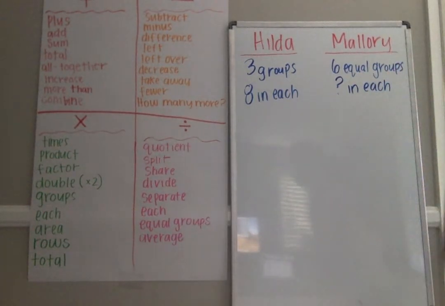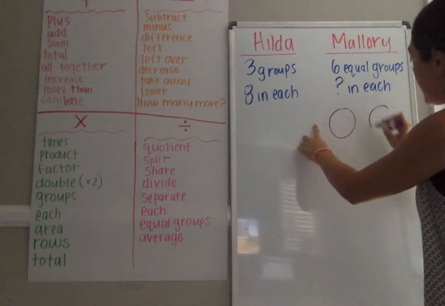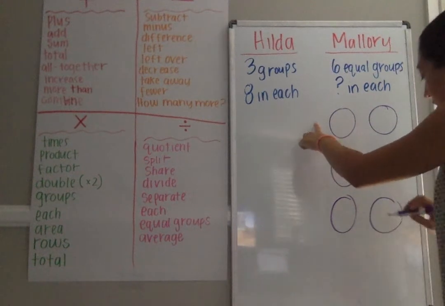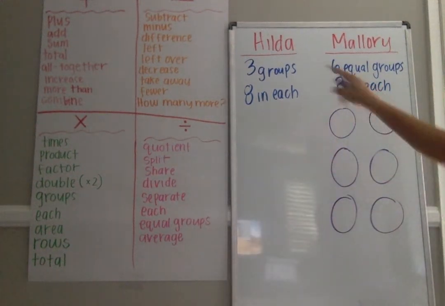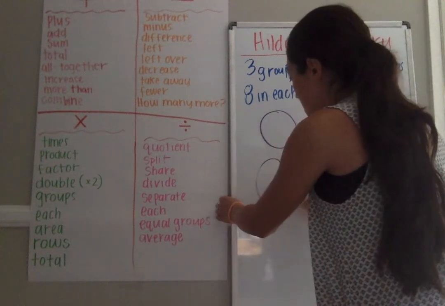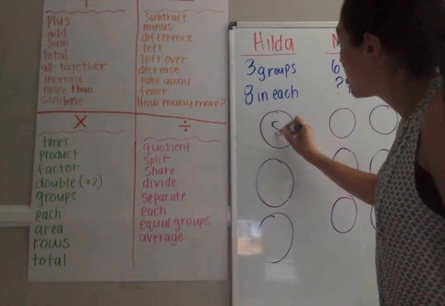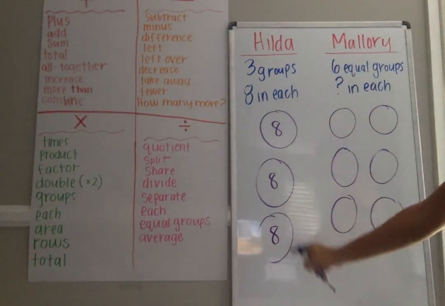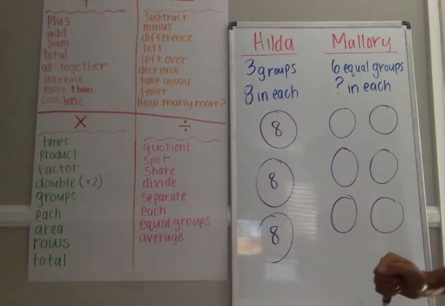Because right now, if I drew a picture for this problem, all I know is that Mallory has 6 groups. We have no idea how many are in each of those groups though. But Hilda has 3 groups. And we know that she has 8 in each. So this is starting to look like a multiplication problem. I have 3 groups and 8 in each.